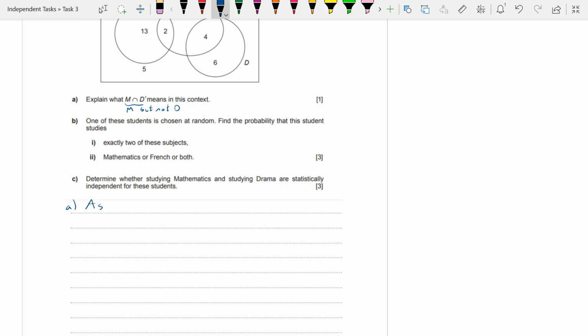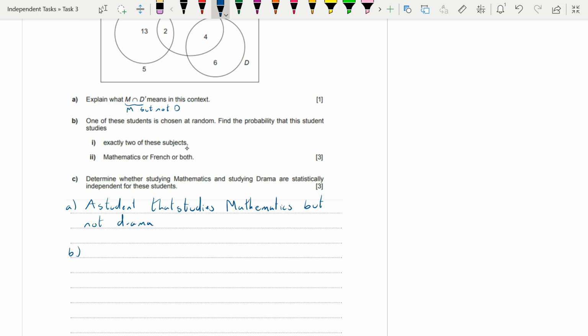That is a student that studies maths but not drama. Again, it's important there. It hasn't asked me for how many, or what's the probability. It's just asked me to explain what that means.